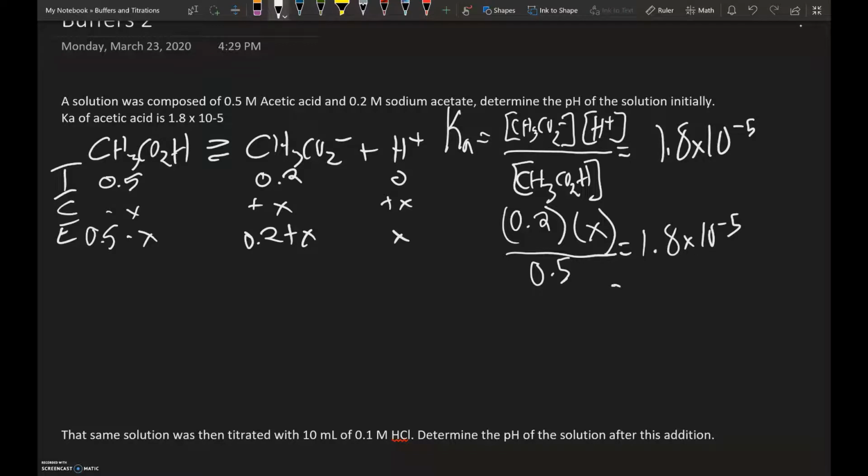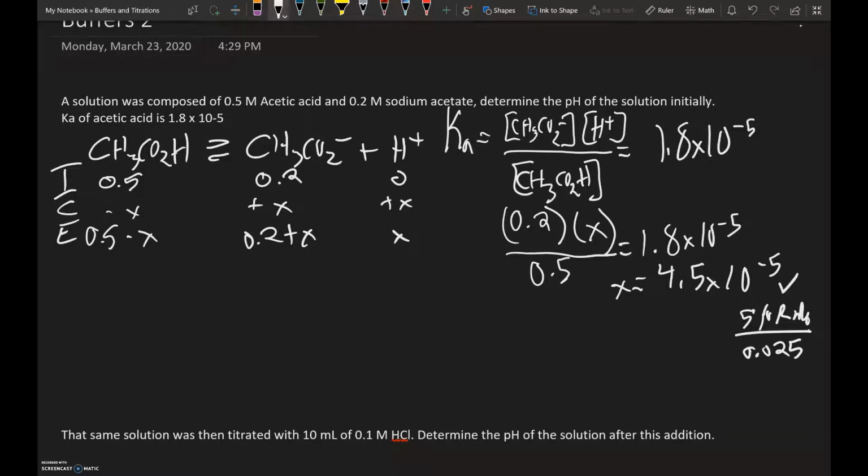I get my X to be equal to 4.5 times 10 to the negative 5. And so 5% of 0.5 is 0.025. So that's the 5% rule. We get 0.025, that's 5% of 0.5. That's valid.